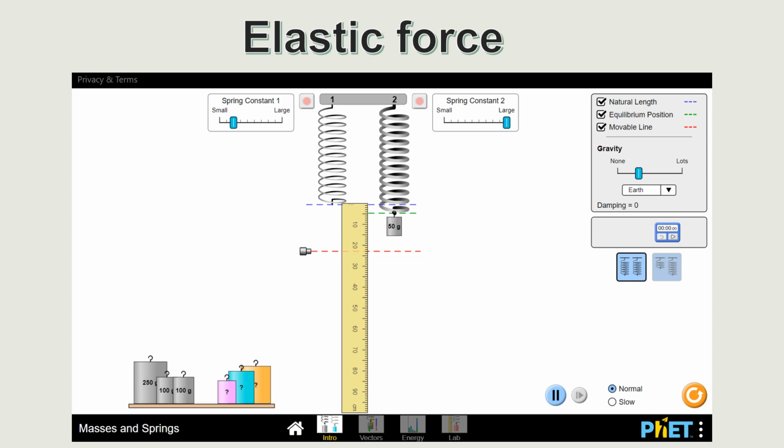So like you can observe here, for example, it moves approximately 5 centimeters from original length, while this one moves approximately 11 centimeters.